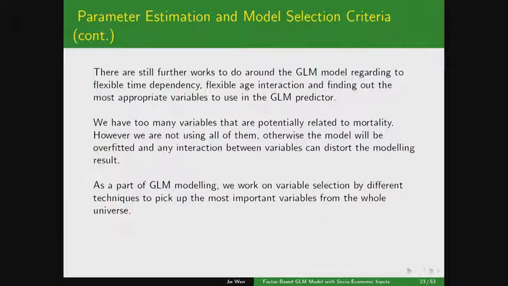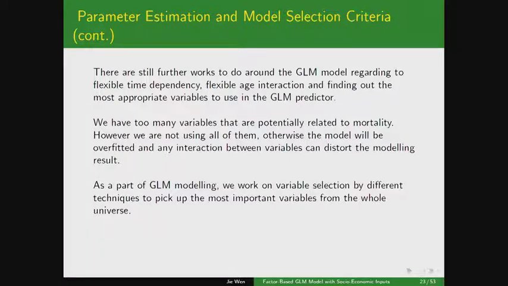So after we estimate the parameters and try out different combinations of variables, we have found that over the data set, we have too many variables that could potentially be important to model mortality.